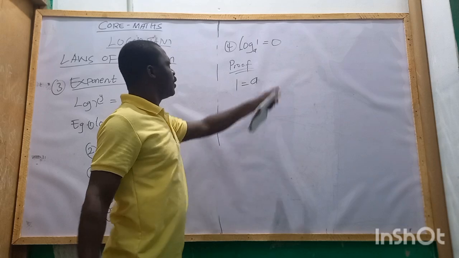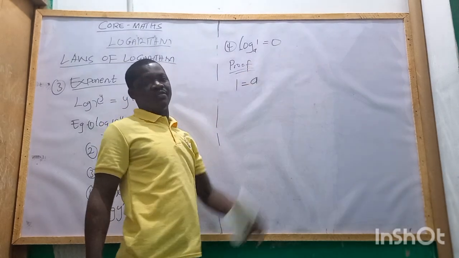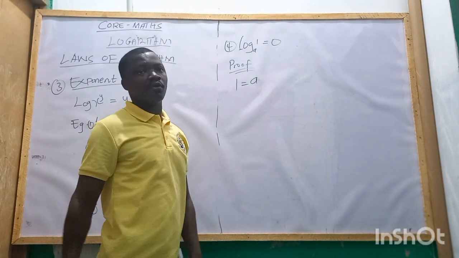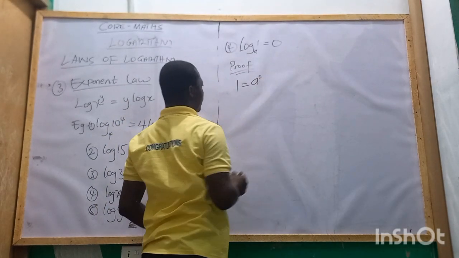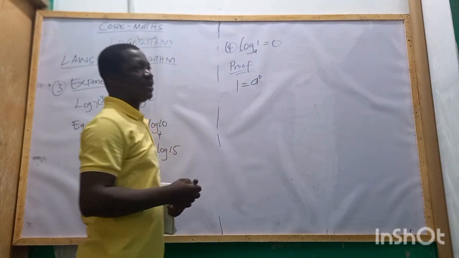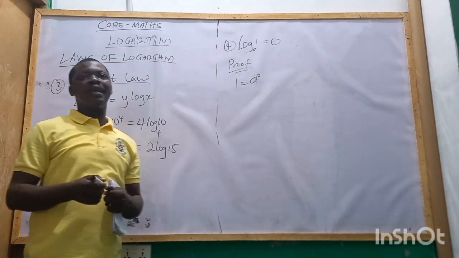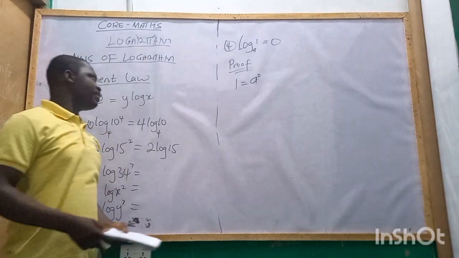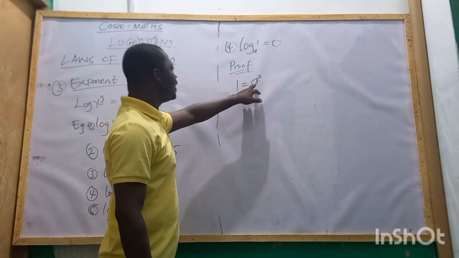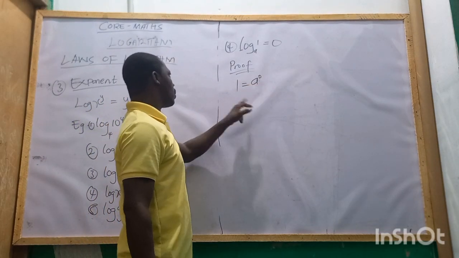Then the one on our right hand side becomes the what? The exponent, or the power, which is 0. Now we learn from indices that any non-zero number raised to the power 0 is what? 1. So A exponent 0 is equal to what? 1.